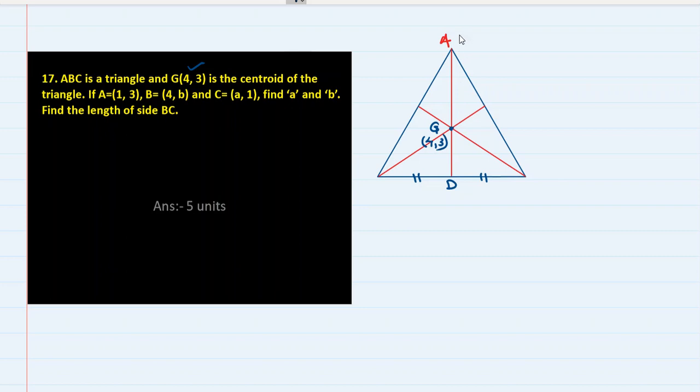Point A is (1, 3), point B is (4, b), point C is (a, 1). You have to find a and b and the length of side BC.